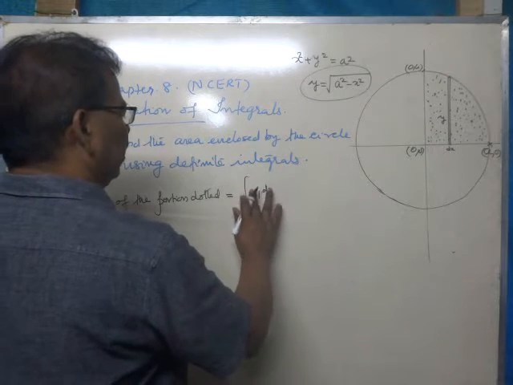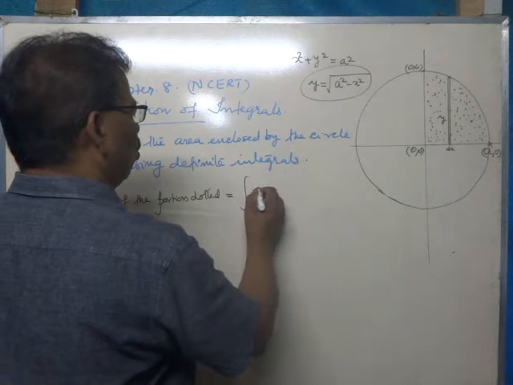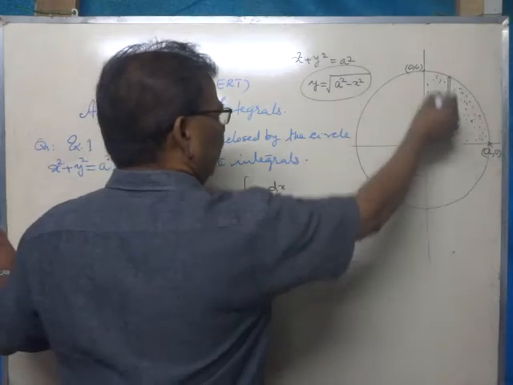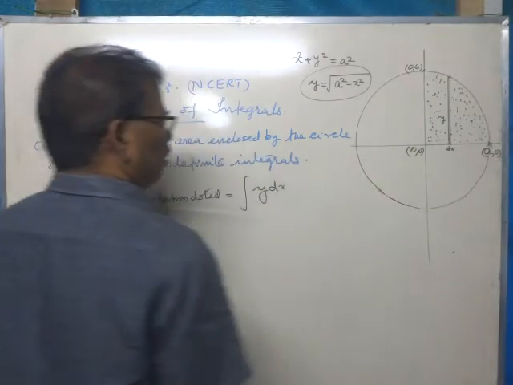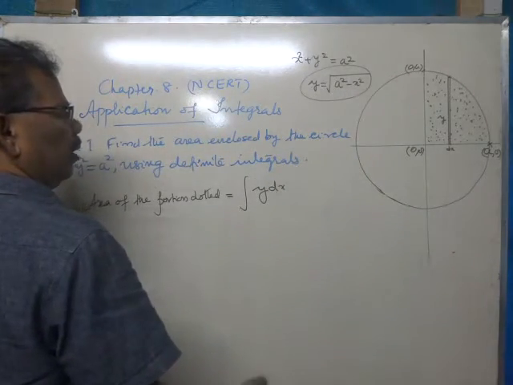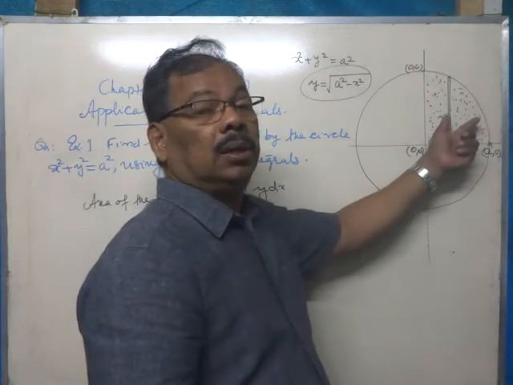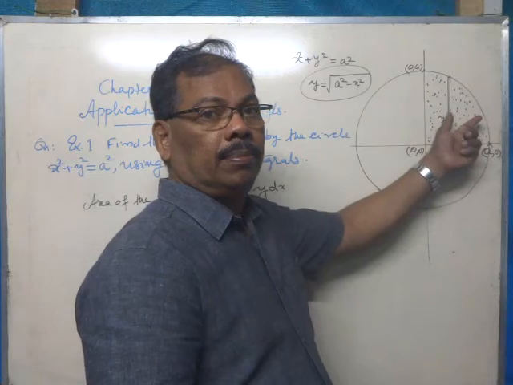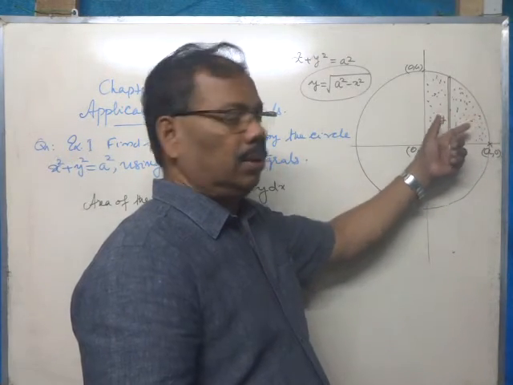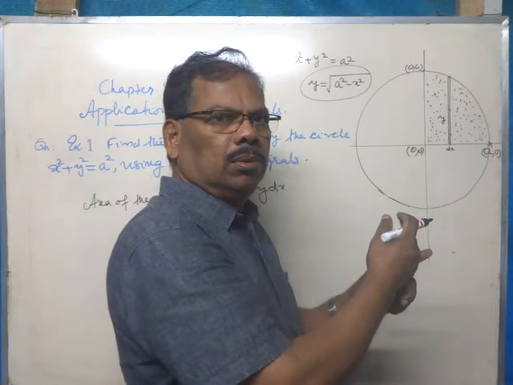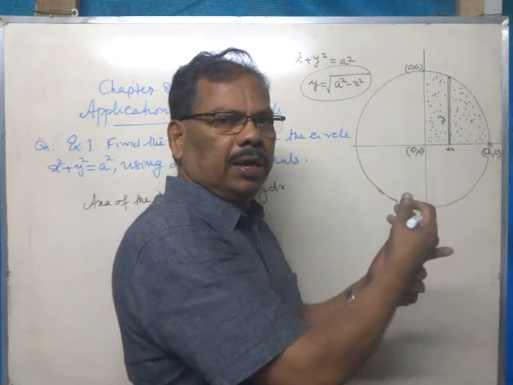Area of a rectangle is y dx, that means height into breadth. There are a number of rectangles to cover the area. Therefore, to get the total area, we need to sum up all those areas.